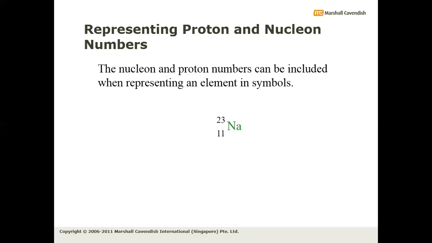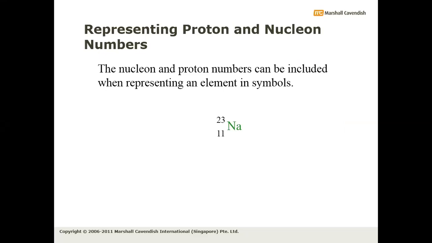How will we know which number is the proton number and which is the nucleon number or mass number? Your periodic table has elements in the form of their symbols, and every symbol has 2 numbers. One is a subscript and the other is a superscript. Subscript means the one written below the symbol, and superscript is the one written above the symbol.